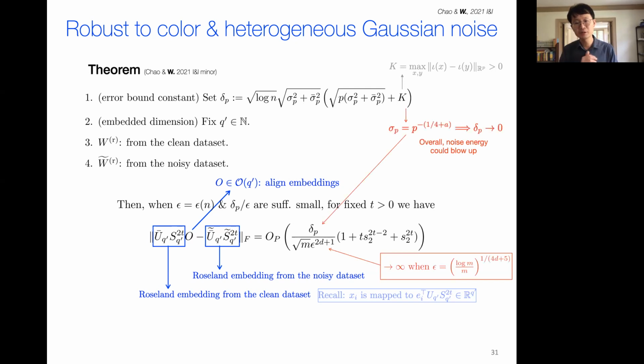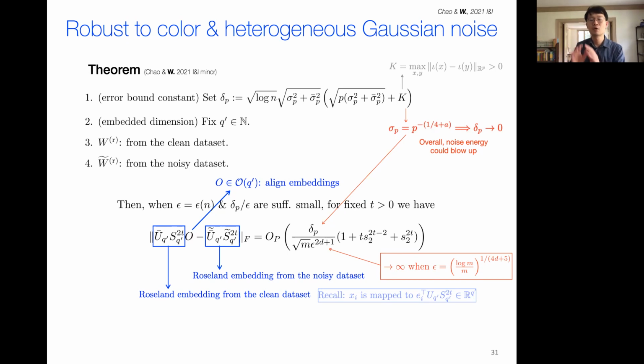And so which tells you that even if sigma p is of the order p raised to power minus 1/4 plus a, when a is any small constant, which means the total overall noise will blow up, because sigma p squared times p grows like p square root of p, which blows up quickly.